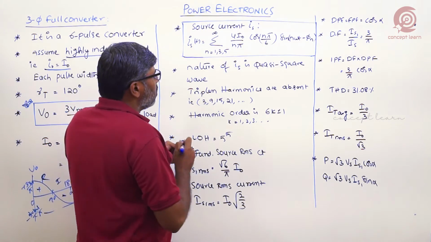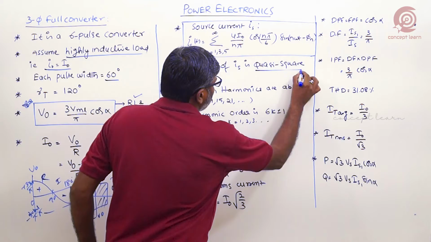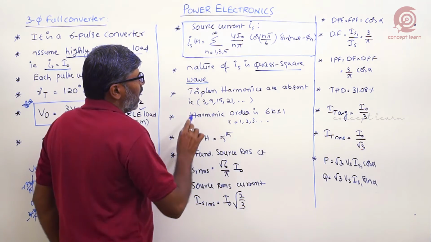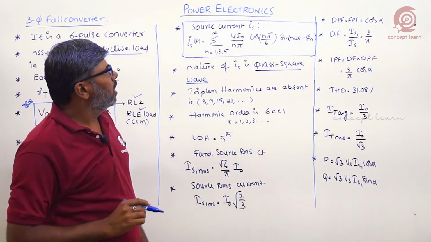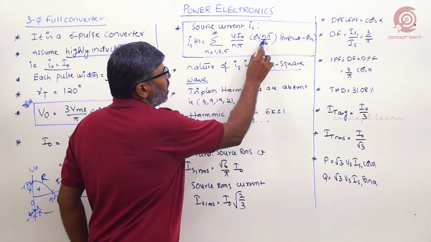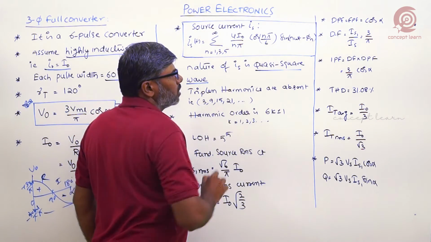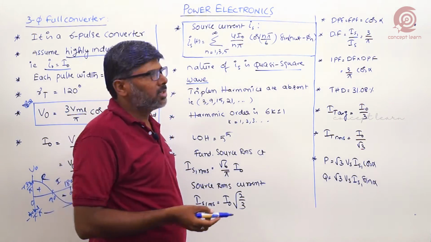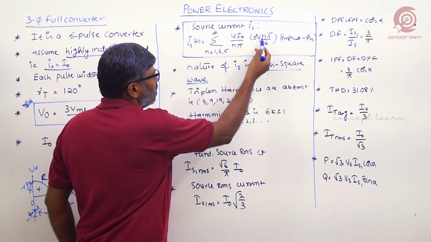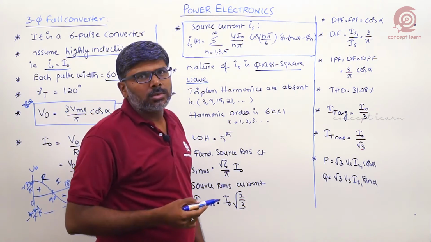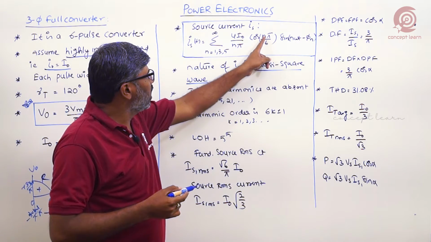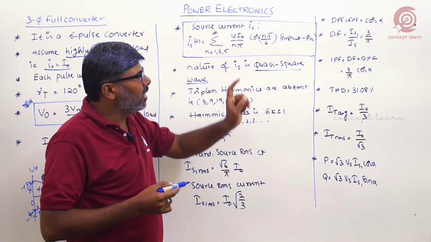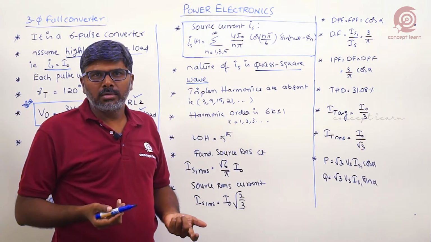Now what is the nature of source current? It is a quasi square wave. When you come to this source current expression and substitute n equals 3, cos pi by 2, cos 90 is 0. If you substitute n equals 9, cos 2 pi by 3, again 0.